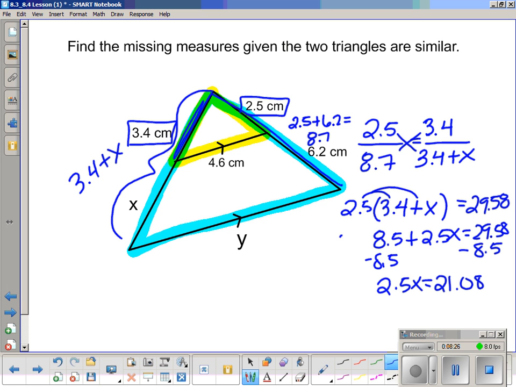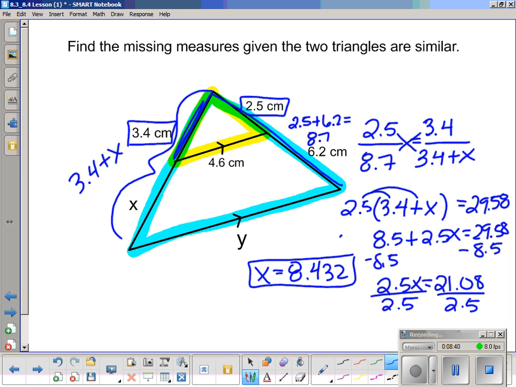Okay. And lastly, divide by 2.5, which I've been calculating. Which gives me 8.432 for x. And I'm going to use that same ratio to find y.